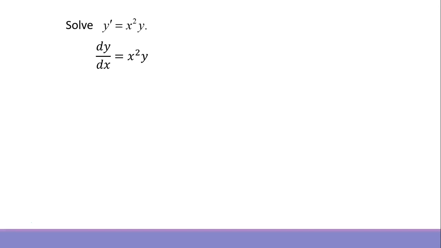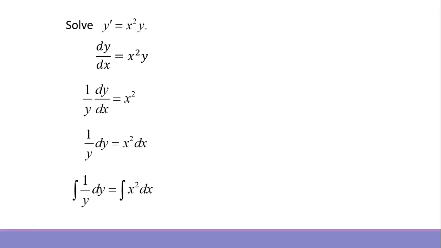And we're going to do that because we want to get everything that has a y or a dy on one side of the equation, and everything that has an x or a dx on the other side of the equation. So we'll divide both sides by y, or multiply by 1 over y, and we'll multiply both sides by x squared dx. And now that we've got our variables separated, we can find the antiderivative of both sides of the equation.